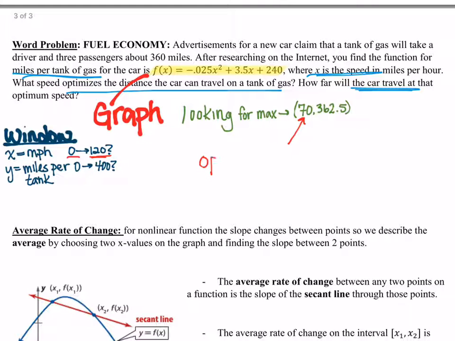So that 70 miles per hour is our optimum speed, and that would result in the car traveling 362.5 miles in our tank.